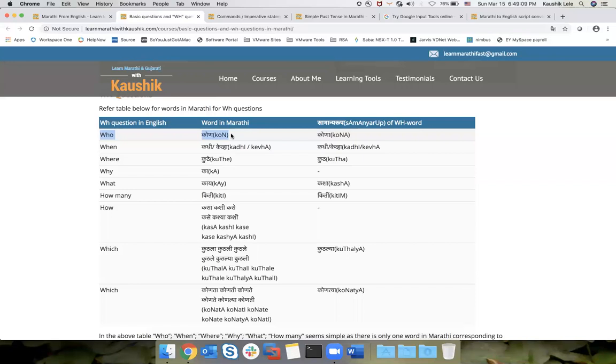Super philosophical. And who is that person? ते कोण आहे? If you want to say it with respect, it will be te kon ahe. If it is single, it will be to kon ahe. If it is who is he kind of thing, to kon ahe. And who is she? ती कोण आहे?